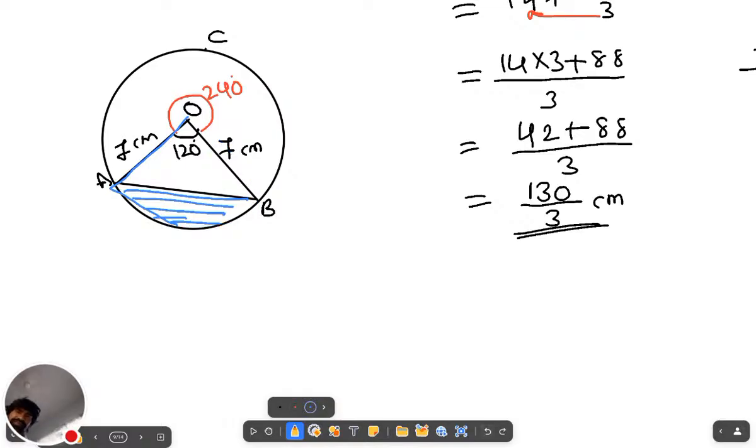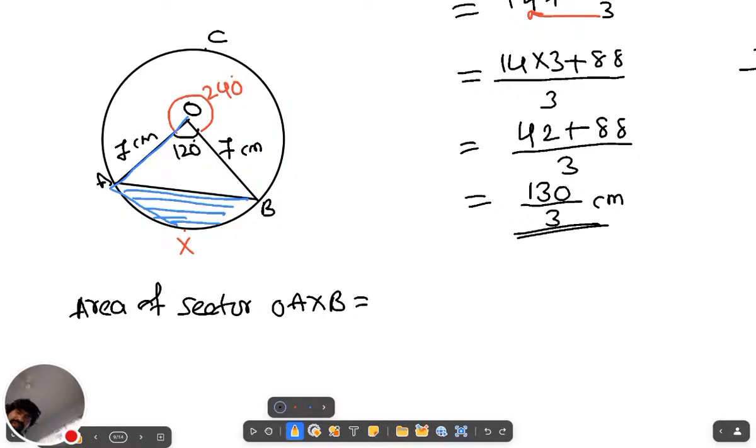So first of all, let's find the area of the sector. Let us take some point X here. So the area of the sector, what is the sector name?